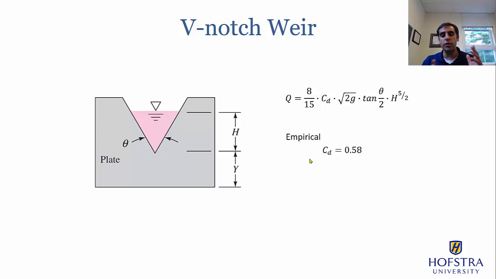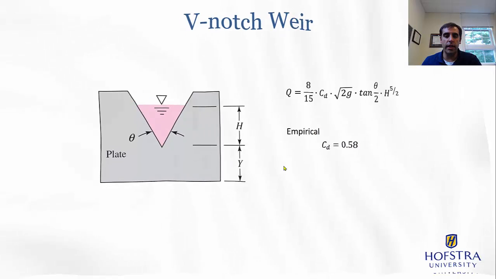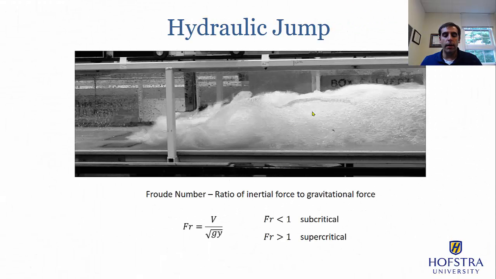All right, so that's the first part of the experiment. The second part is going to be looking at a different phenomenon in these open channels, which is known as the hydraulic jump. Similar to compressible flow, where you might find a shock wave, what happens in these open channels is if you have a really fast jet of water and some obstruction downstream, the flow is going to have to change its speed.